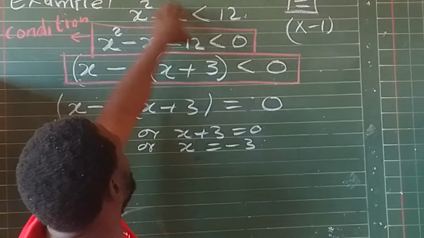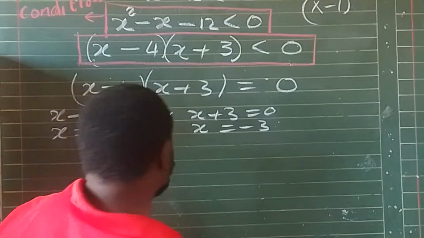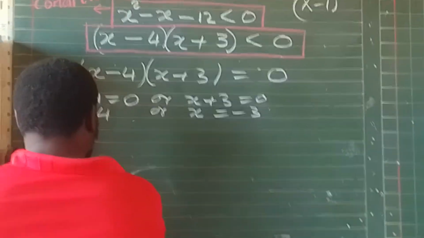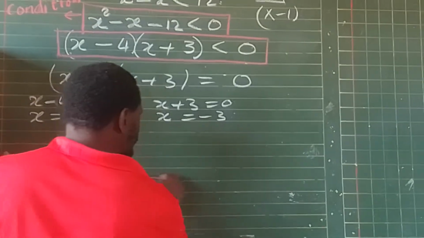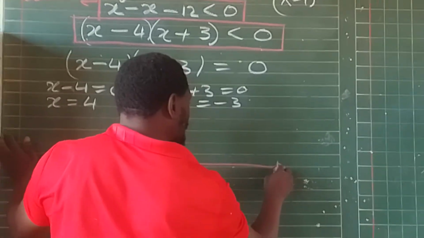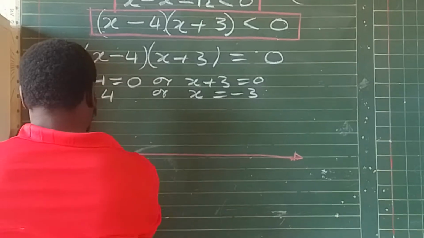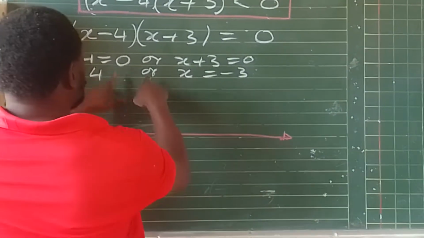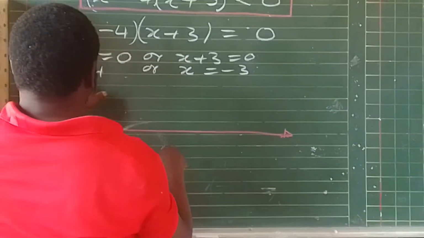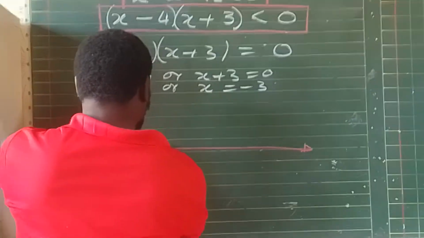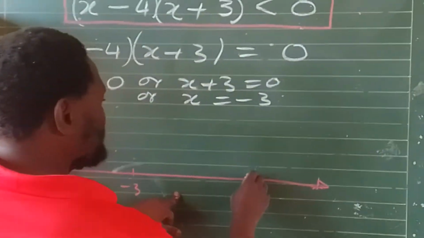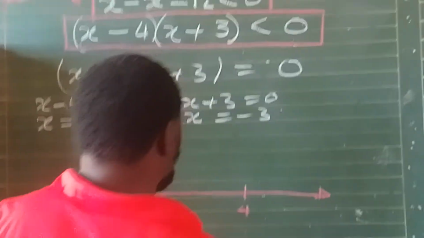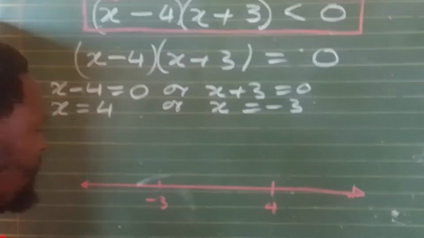We go back to our condition. Our condition says that we have the value of x like this one. We have the value of x at minus 3. We have the value of x at 4. This is what we have.